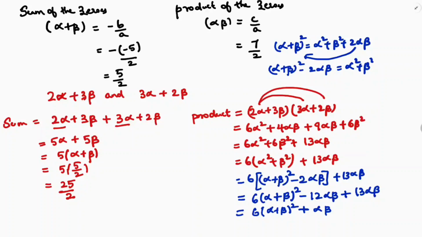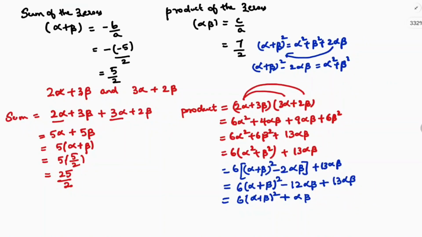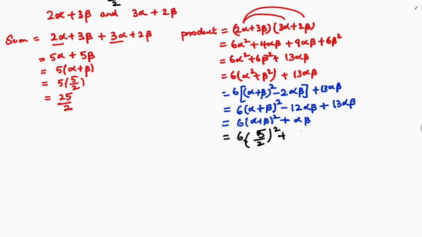Now I'll substitute the values here. Alpha plus beta is 5 by 2 and alpha into beta is 7 by 2. So 6 into 5 by 2 whole square plus alpha beta, whose value is 7 by 2. If you calculate, 6 times 25 by 4 plus 7 by 2.